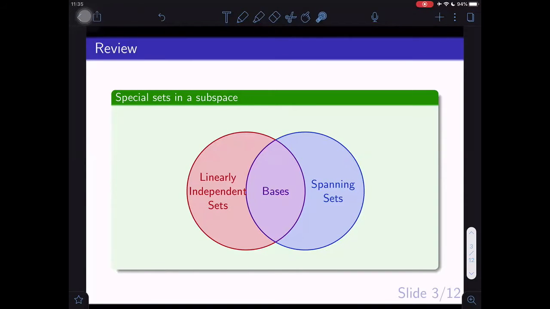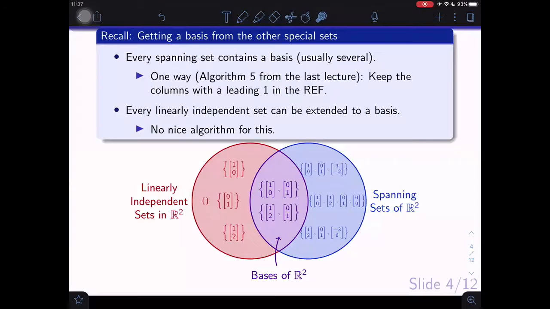Here are three special sets in a subspace. We have the linearly independent sets, the spanning sets, and then a subset in a subspace which is both linearly independent and a spanning set is called a basis. We have talked about how we can go from one of these special sets to another.